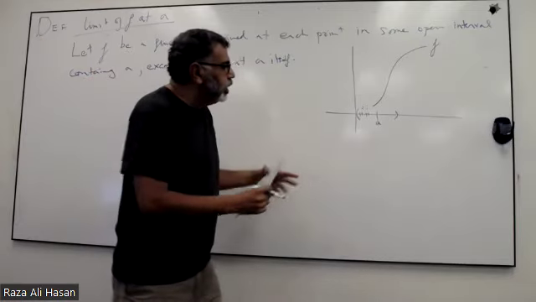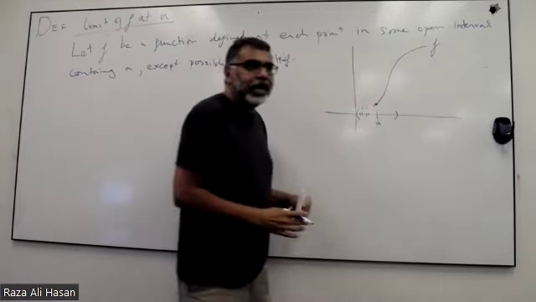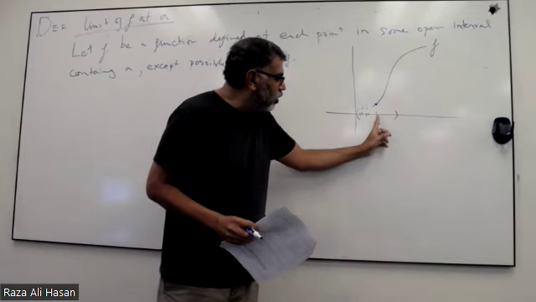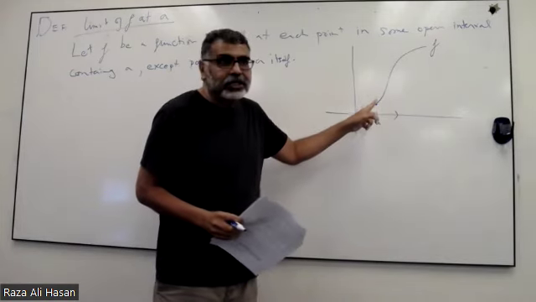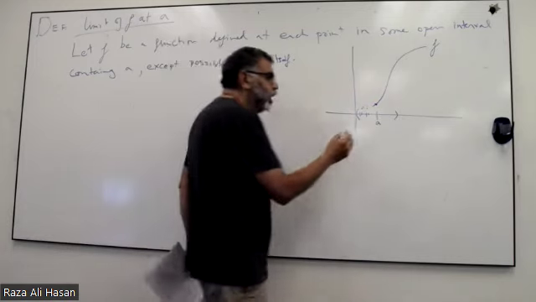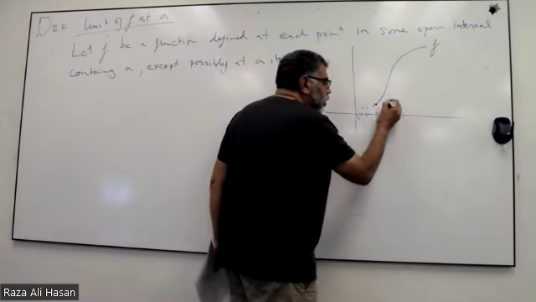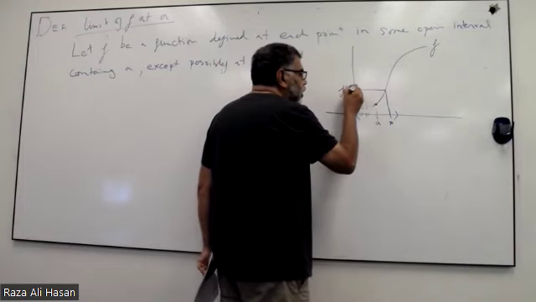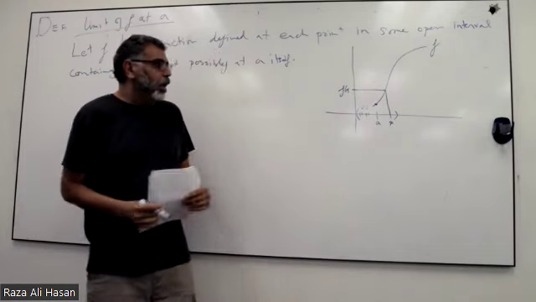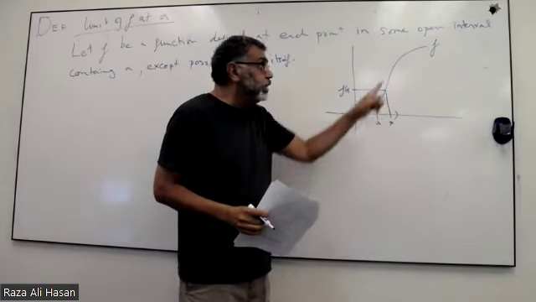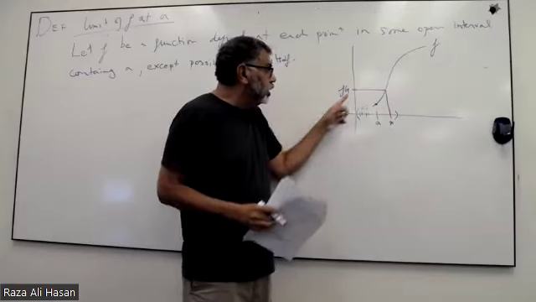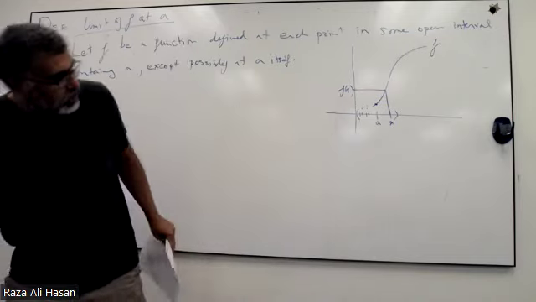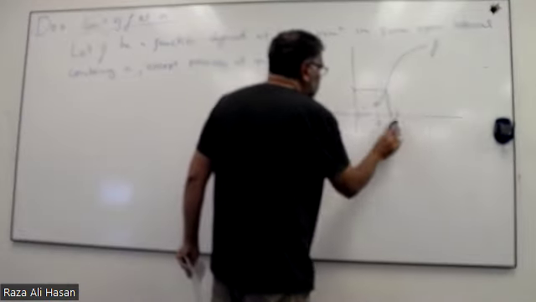Every point in this, so it is defined for a, and for all the points to the right of a. What does it mean to be defined? If you have an x, it better hit the curve, and there's a function value. That's all it means. For every x you put into the function, you will get in return a value of the function. So this is not what the picture is telling us.